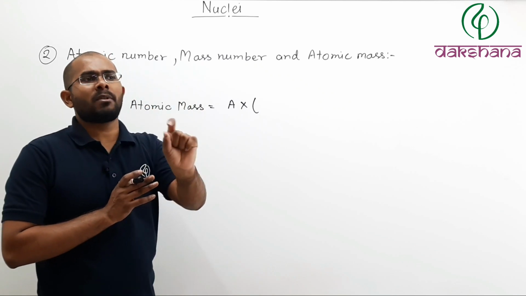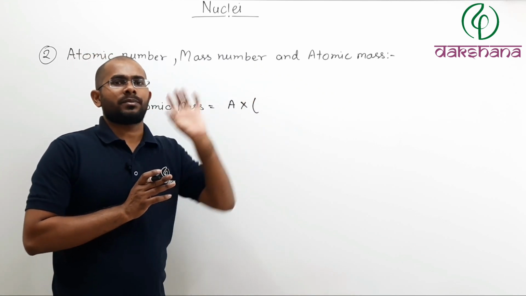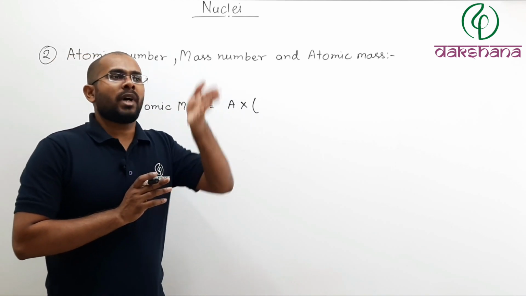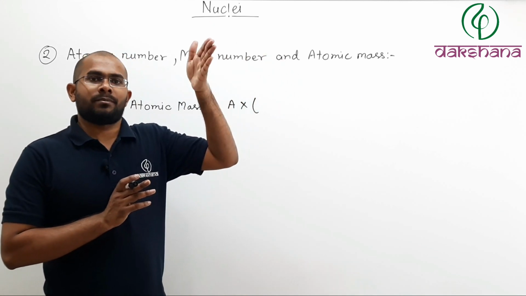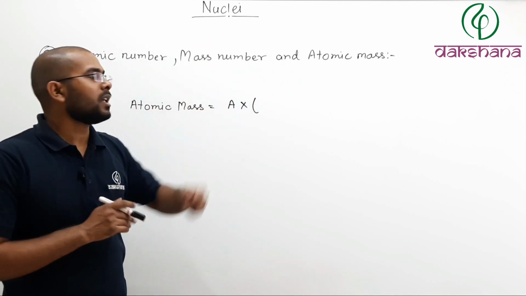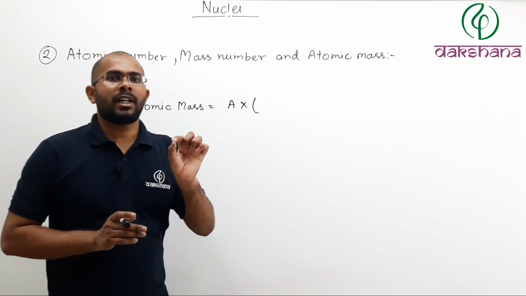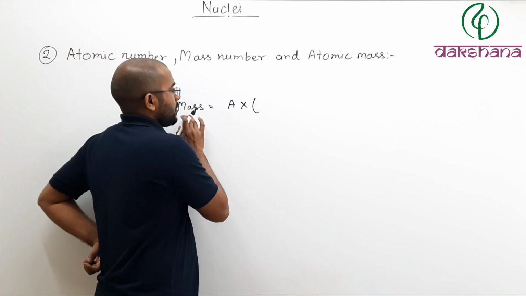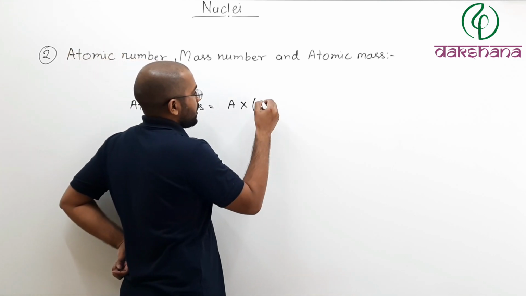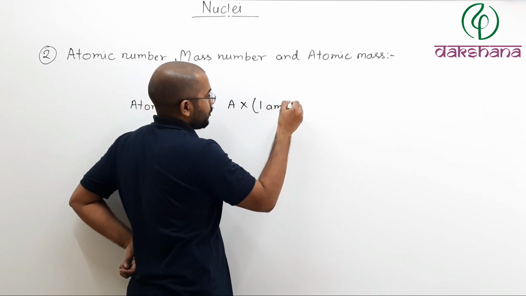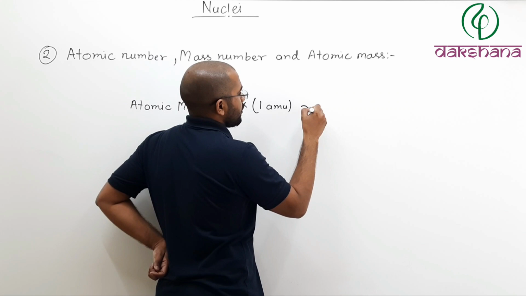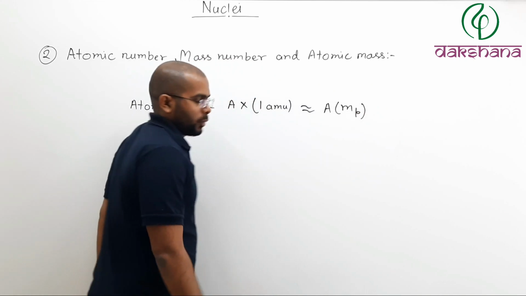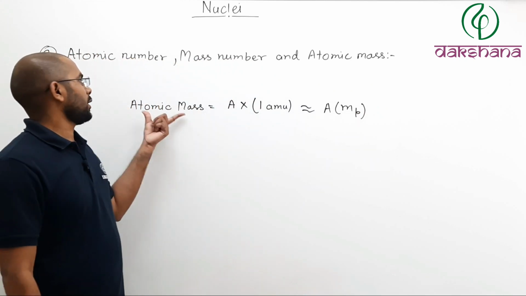For now you can take 1 atomic mass unit as equal to the mass of a proton. But in chemistry you might have studied that 1 atomic mass unit is 1 by 12th of a carbon-12 atom. That is the scientific definition in chemistry, but here you can take 1 atomic mass unit as the same as the mass of a proton. So, atomic mass is mass number multiplied by 1 atomic mass unit, or you can also write it as A times the mass of a proton.